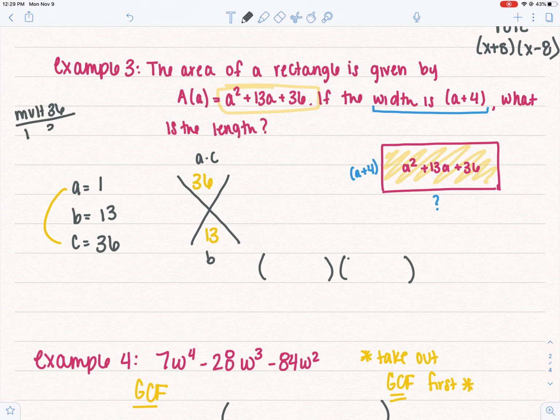So I've got 1 and 36, and then 2 and 18, and then 3 and 12, 4 and 9, and then of course 6 and 6. And so of those, which two will get me to 13? Well, 4 and 9.